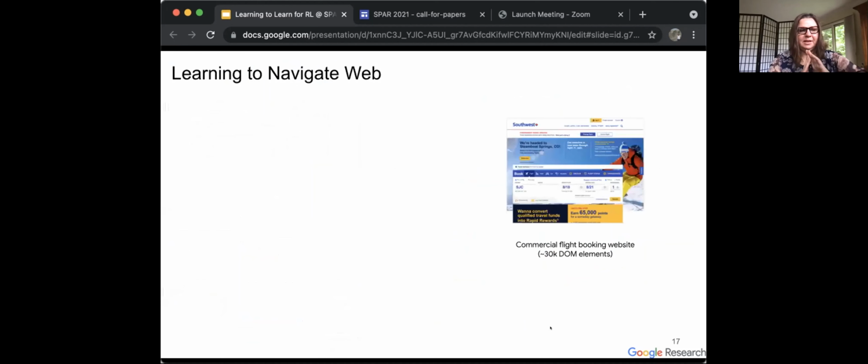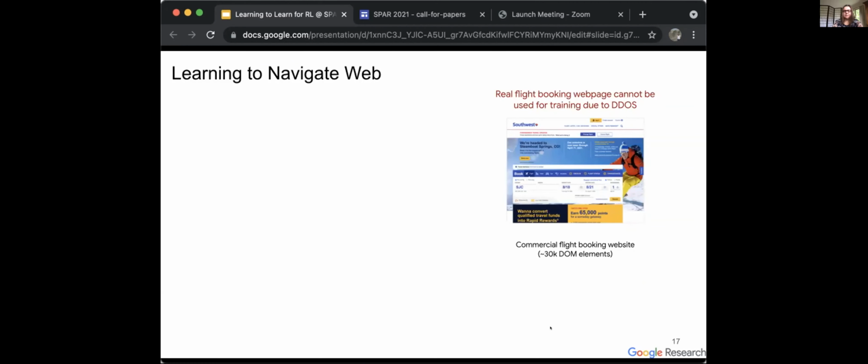So in the area of learning web navigation, basically we have something like a commercial flight booking website. It has something like 30,000 DOM elements, or like the little things in the HTML that are there. And training on these is really not feasible. I mean, it's denial of service attacks. It's expensive. Buying a million tickets to train your agent, not gonna fly.